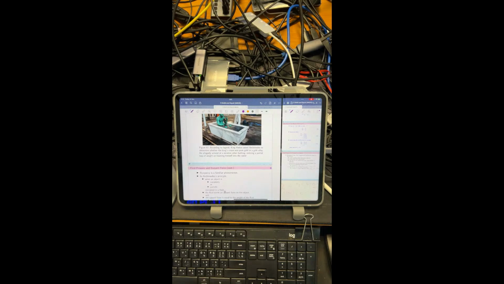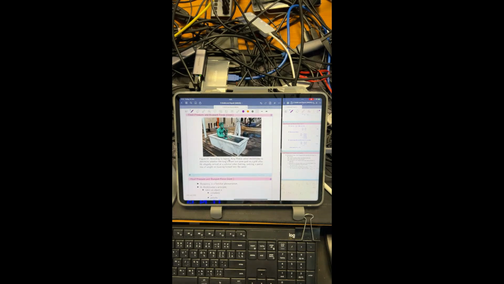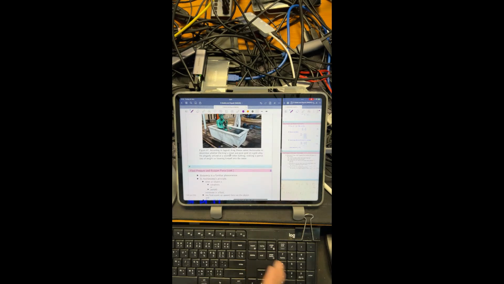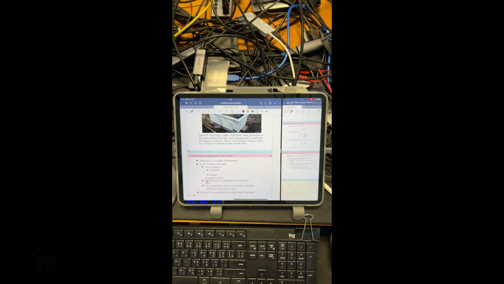That is the reason why he felt lighter in the water, in the shower bath. He built up his principle according to the request by the king: the fluid exerts an upward force on the object, and the upward force is equal to the weight of the fluid that is displaced by the object.